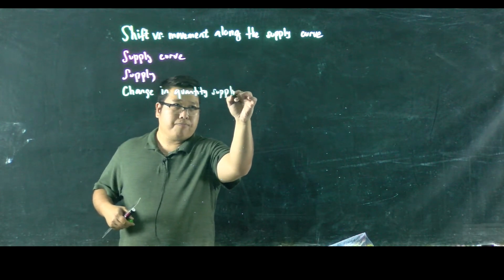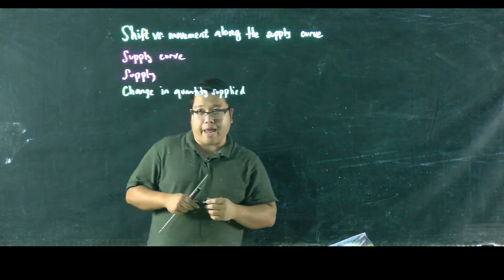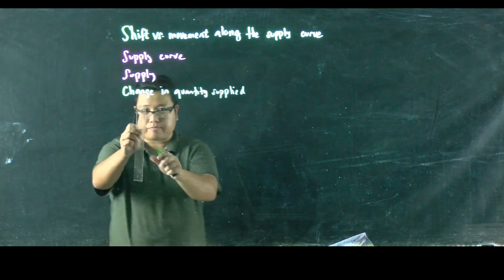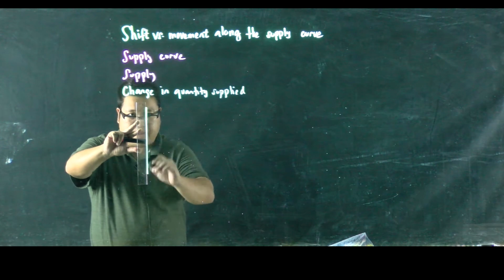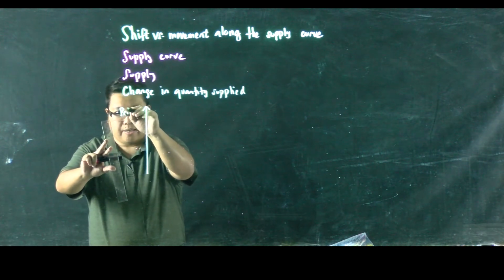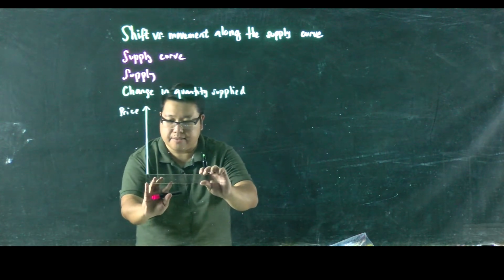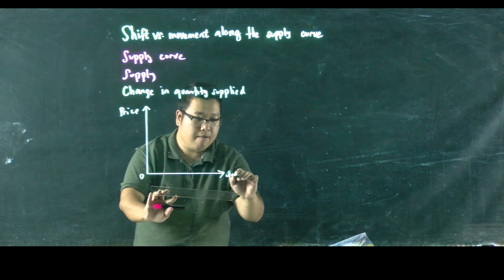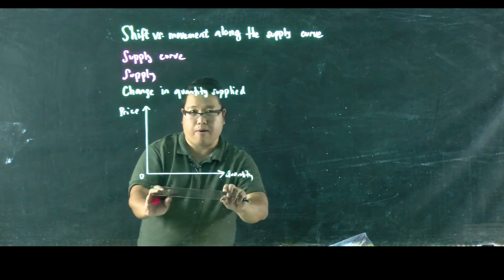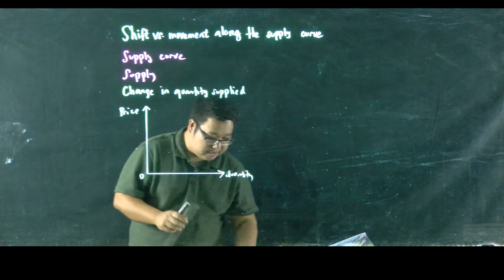So now let's talk about change in quantity supply. Well, we know that the supply curve is upward sloping. So I'm going to sketch a supply curve right here. So again, price is on our y-axis and quantity is on our x-axis.